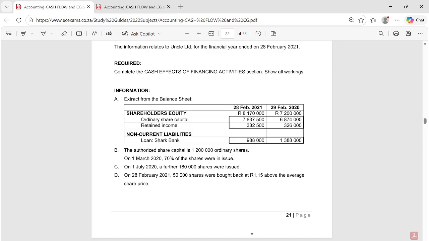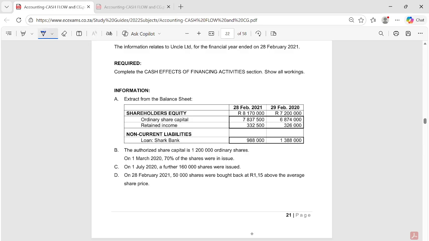They're saying that the authorized share capital is 1,200,000. This is what the company can offer in terms of shares. On the 1st of March 2020, meaning at the beginning of the year, the company issued 70% of the authorized shares.